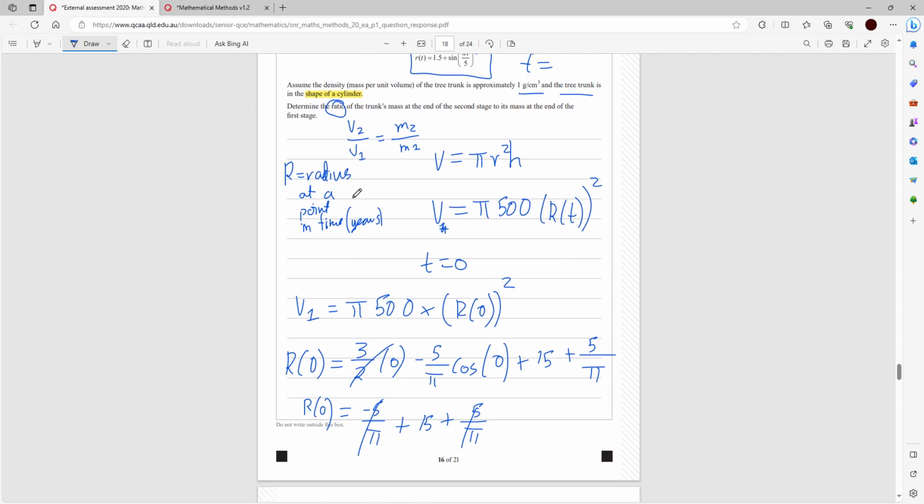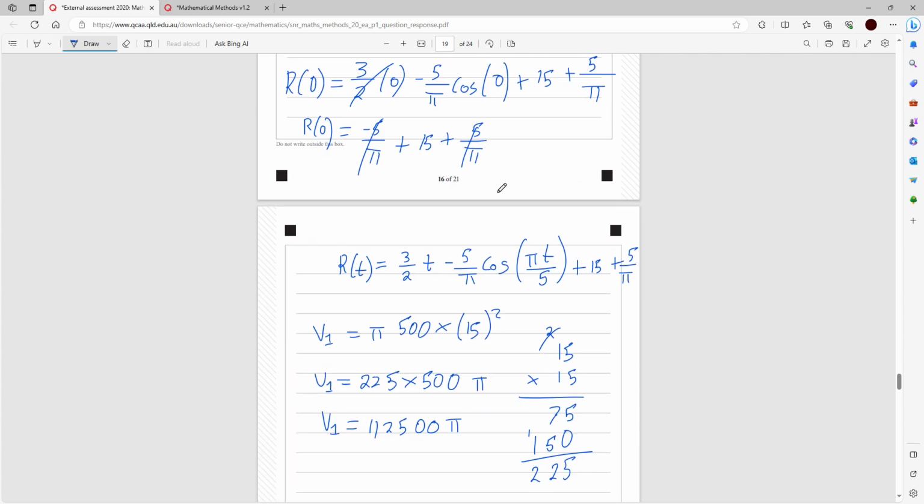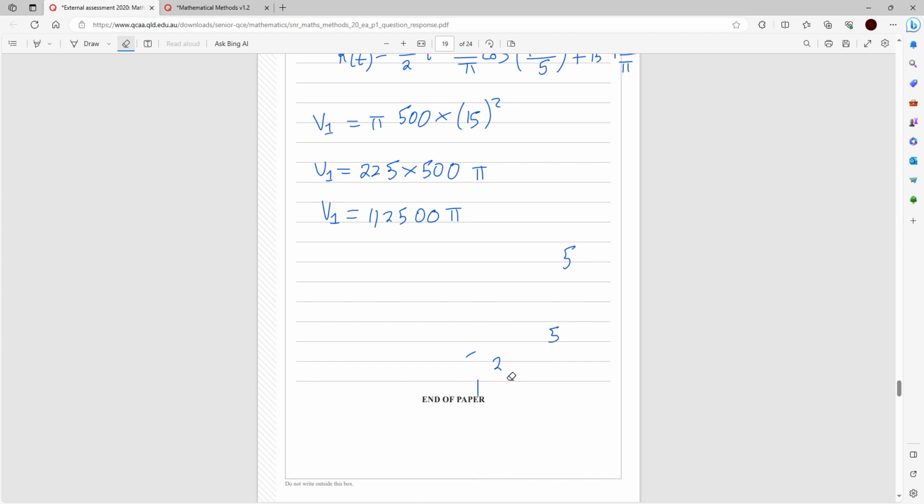We're looking for volume 2. So volume 2 is the end of the 10-year period. Volume 2 will be pi times 500 times r of 10 all squared.